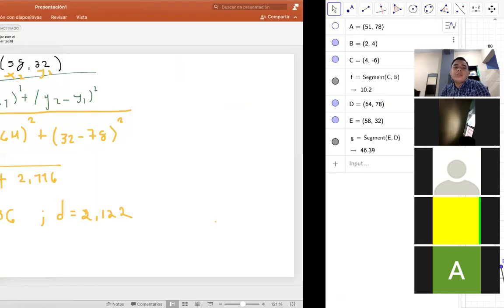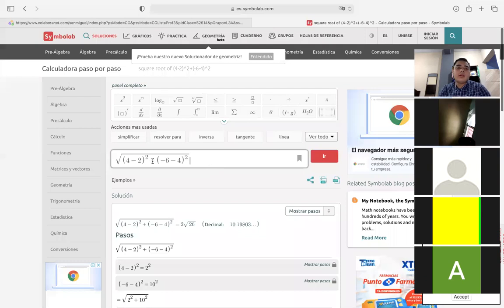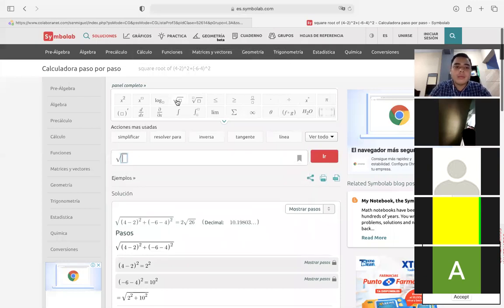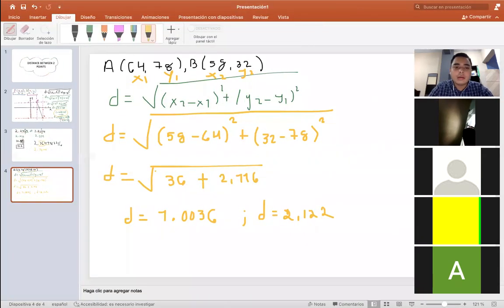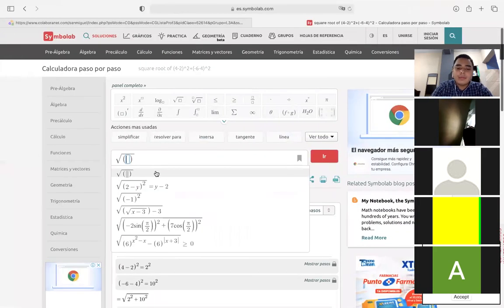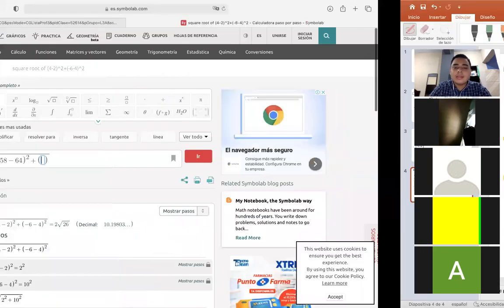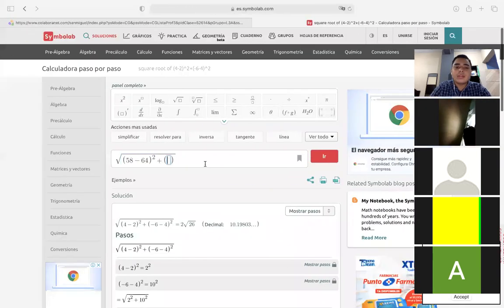Okay, let's use Symbolab. So we are going to have the square root of (58 minus 64) elevated at squared, plus another parenthesis, (32 minus 78) elevated at squared.